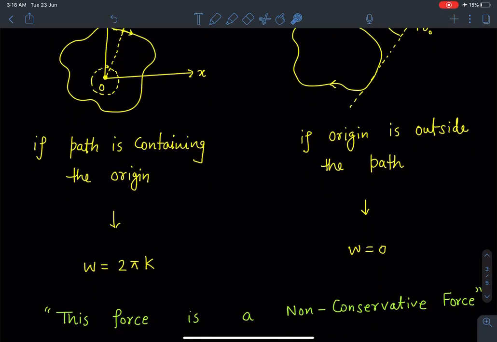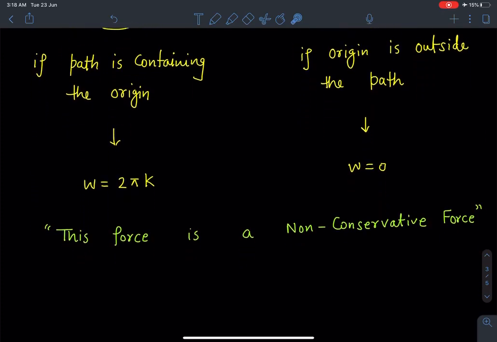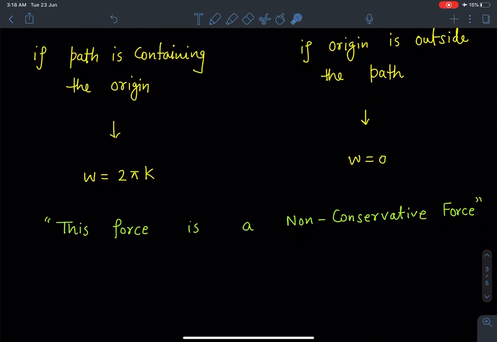Therefore, if the origin is within the path, the work done becomes 2 pi k, whereas if the origin is outside the path, the work done by this force becomes 0, because the force is k by r theta cap. Now this force is a non-conservative force field, which we can check by using the curl.